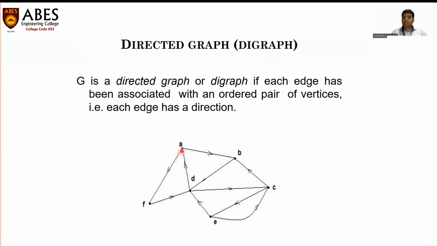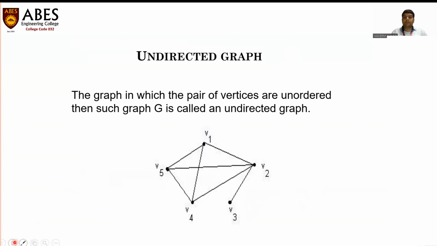So there is an ordered pair of the edge, A to F, not F to A. We can go only from A to F because this is a directed graph. Undirected graph: if there are no directions given on the edges, we will call it an undirected graph. We can simply say this is an unordered graph because no particular order is given on the vertices.